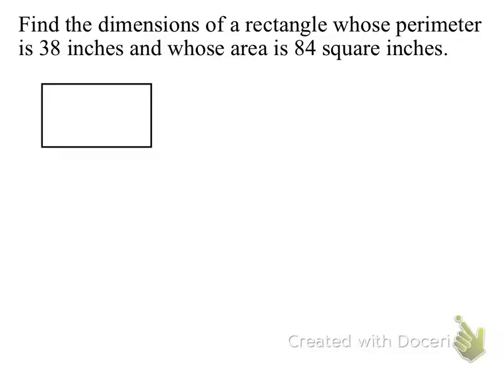Pay close attention. Find the dimensions of a rectangle whose perimeter is 38 and area is 84. So, let's name the sides. First thing I'm going to do, if the rectangle's perimeter all the way around is 38, what if we only have half of a rectangle?